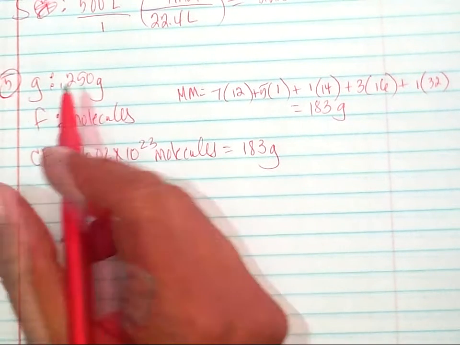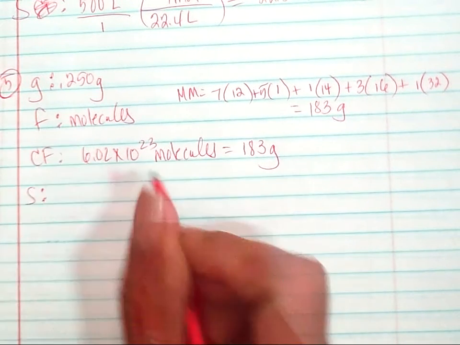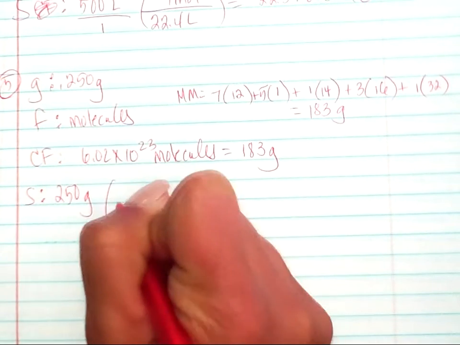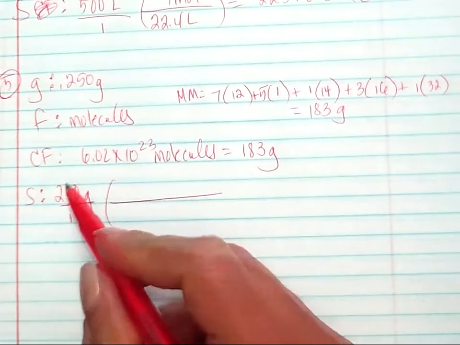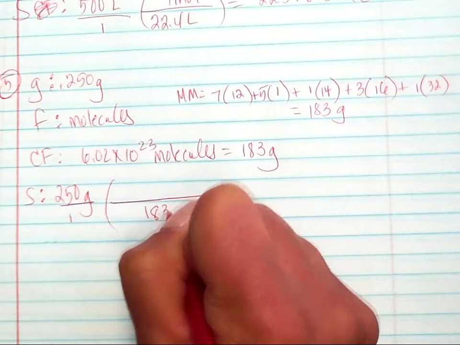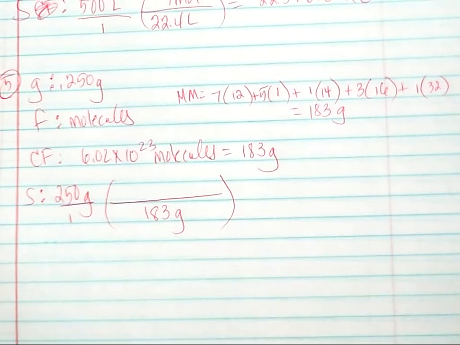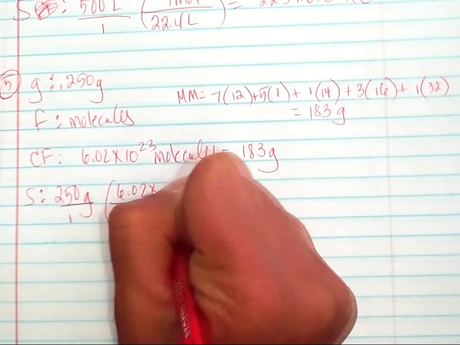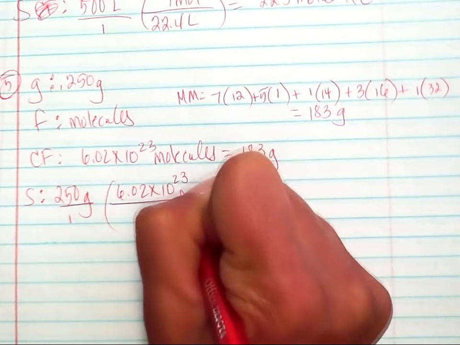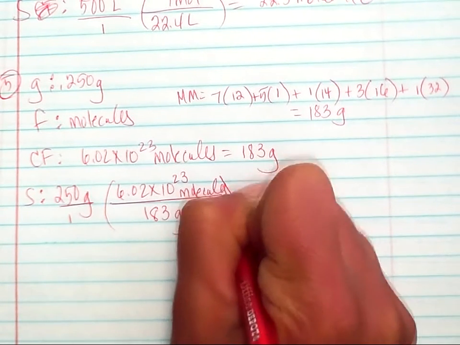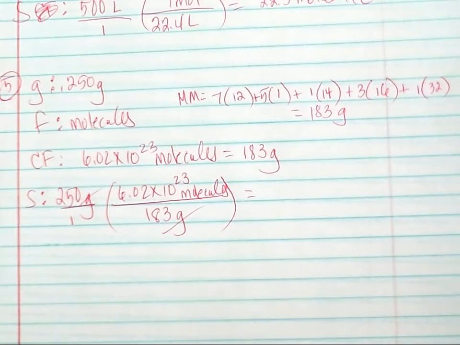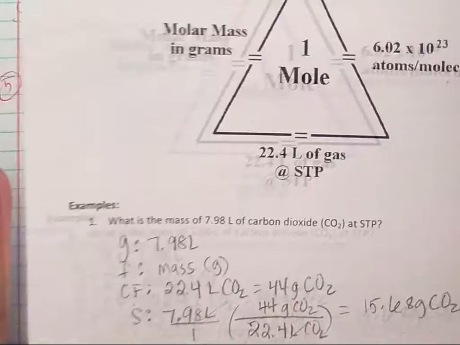Okay, so now we plug it in for the solution. You start off with what was given. What goes on the bottom? Okay, and then the molecules on top. What I want you guys to realize is anytime you have something dealing with grams, you will have to convert it to molar mass.